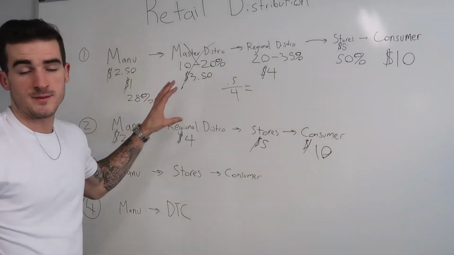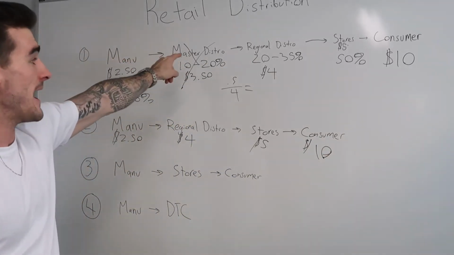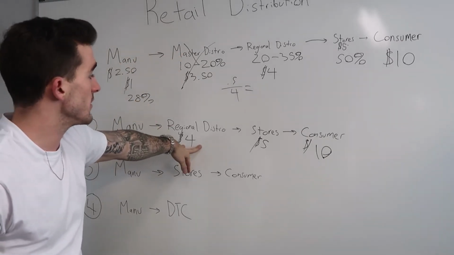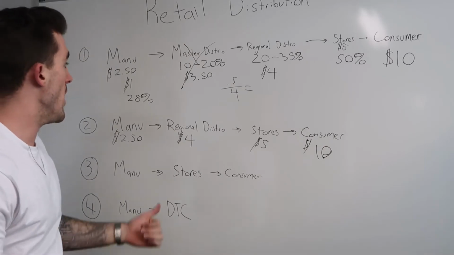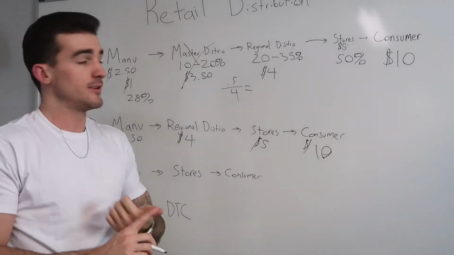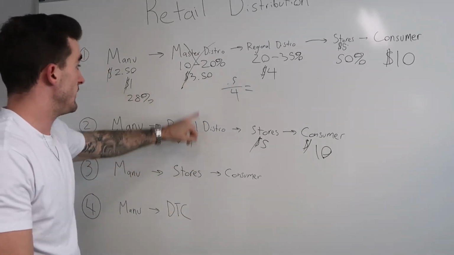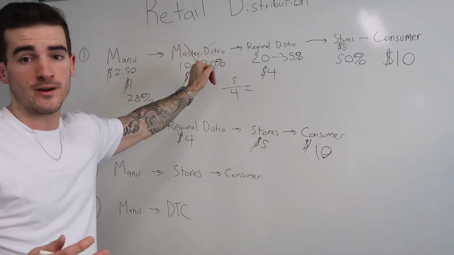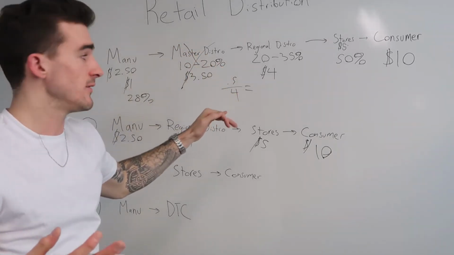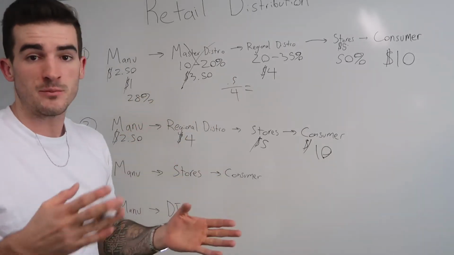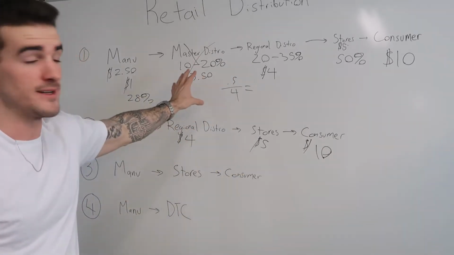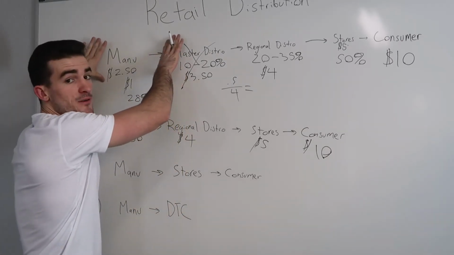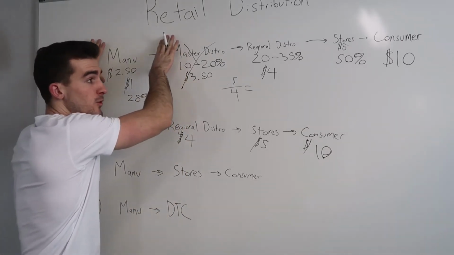The pros and cons between option 1, going the master distro route, versus option 2, going the regional distributor route, is really going to be, one, can you afford to lose that extra 50 cents going the master distributor route? If you can't afford to give up that 10 to 15% margin that the master distributor needs to make, this is going to get you mass market the most amount of stores quickly.